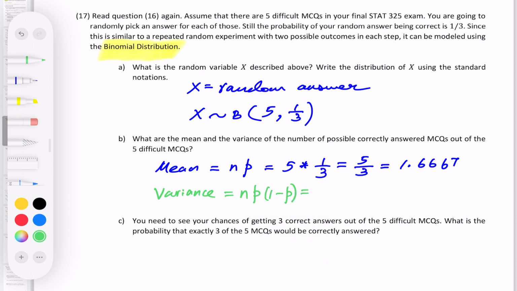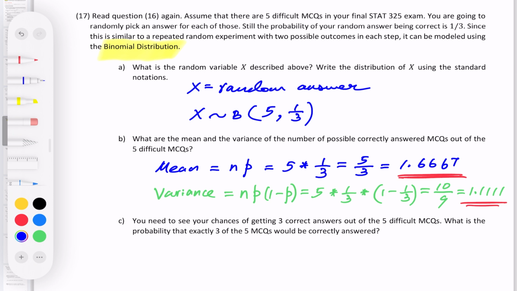Since n is equal to 5 and p is equal to 1/3, it's going to be 5 times 1/3 times (1 minus 1/3). When you simplify that, you get 10/9. If you don't like fractions, once again, you can keep the answer as decimals. So it's going to be 1.1111.